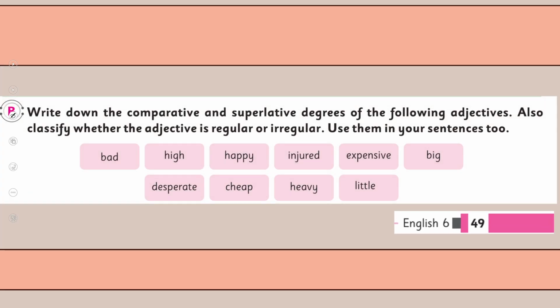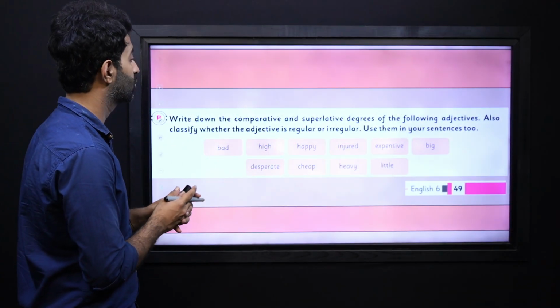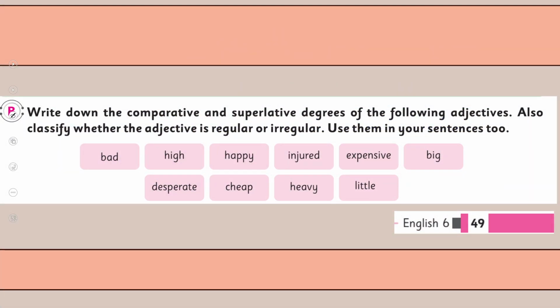Now, what you're supposed to do, students, is very simple. You need to open your mind up, write down the comparative and superlative degrees of the following adjectives. Also, classify whether the adjective is regular or irregular. Yes, you're going to do two things over here. You have to write the comparative and superlative degrees of these adjectives, and also you have to label them whether they are regular or irregular.